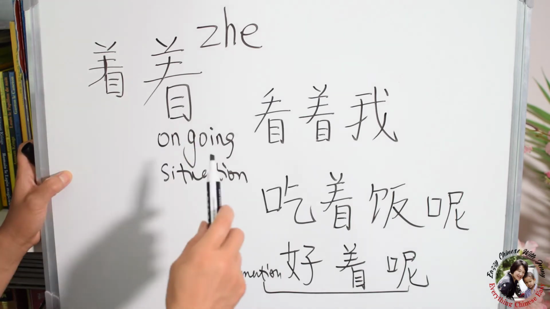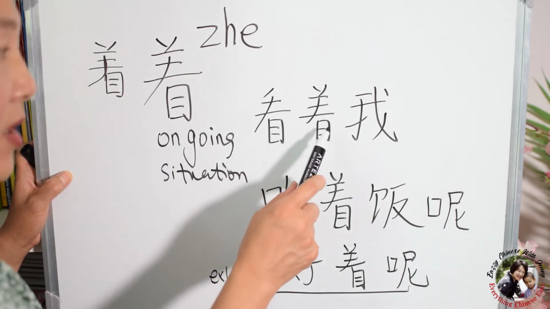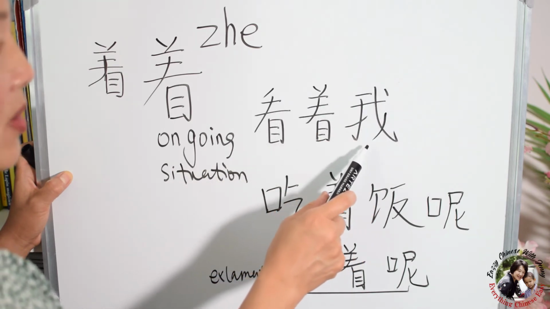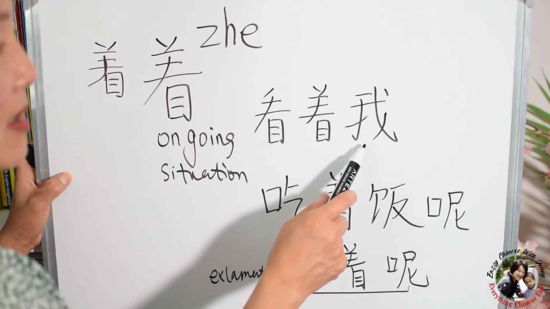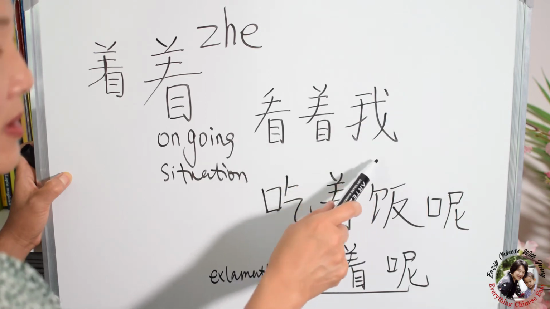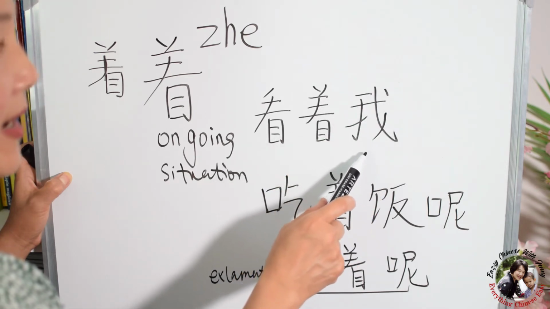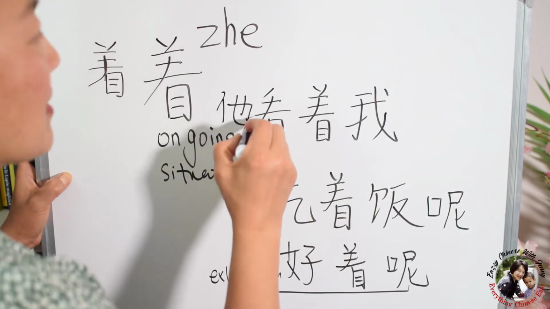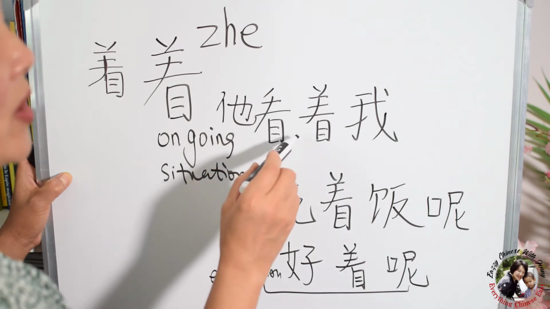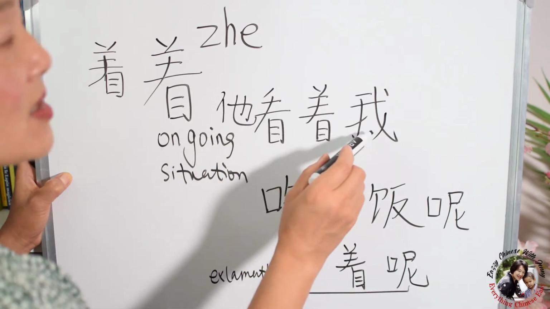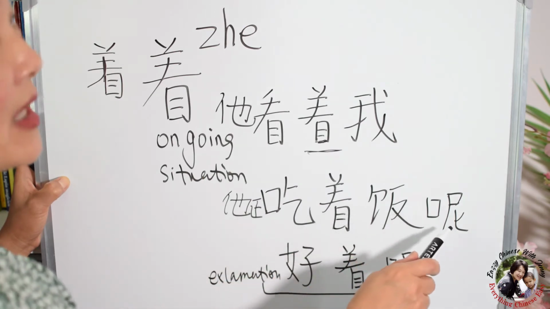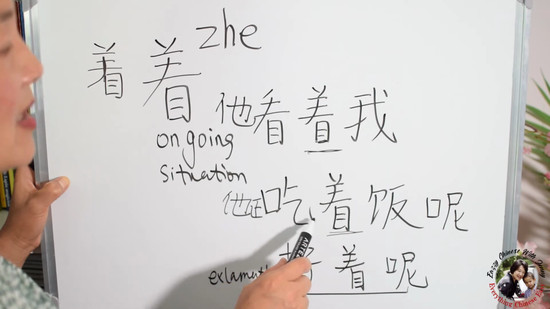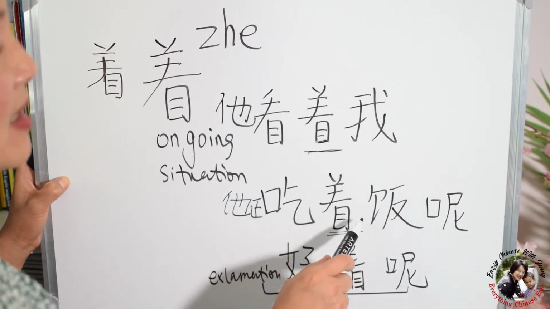For example, we say 看着我, look at me. So me in Chinese also is the same character as I, 我. 看着我. 他看着我, he is looking at me. 他正吃着饭呢, 他吃着, he is eating his meal.